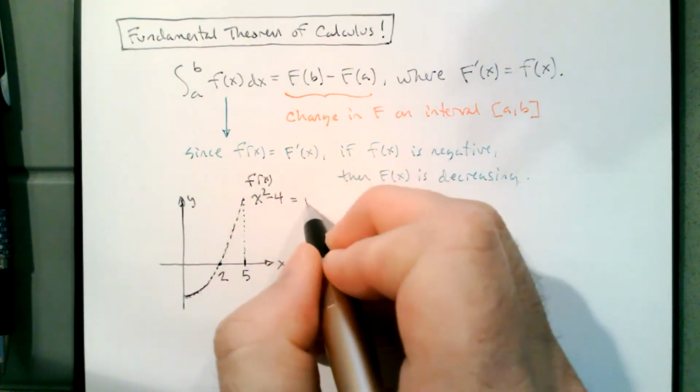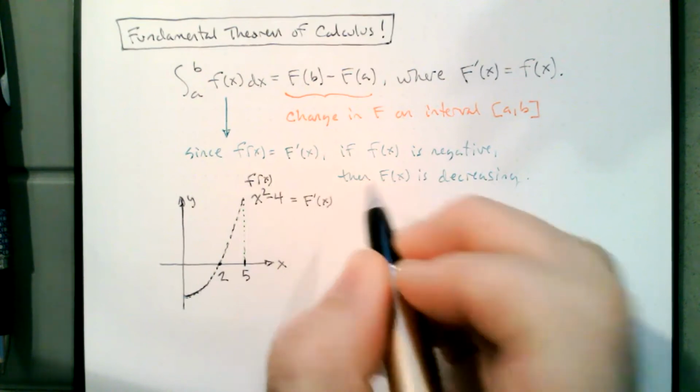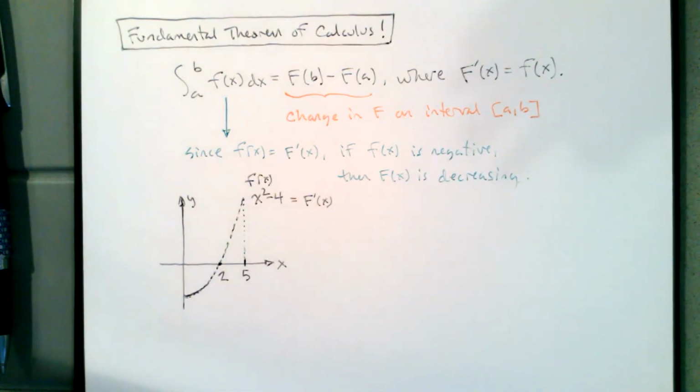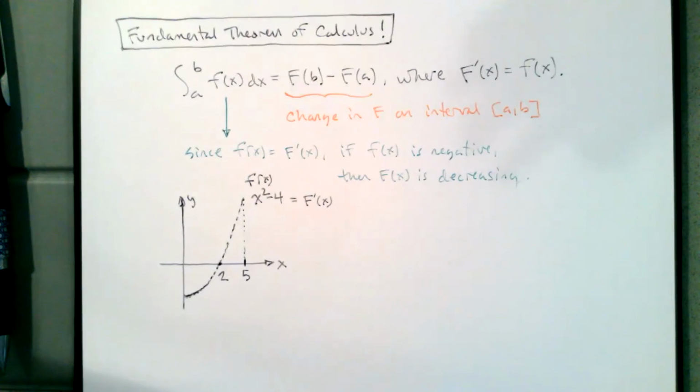And this is the derivative of big F. Since the derivative of big F is negative on the interval from 0 to 2, big F is decreasing.